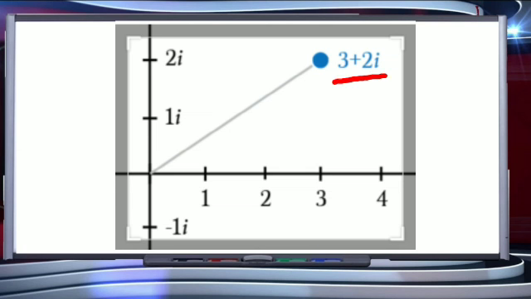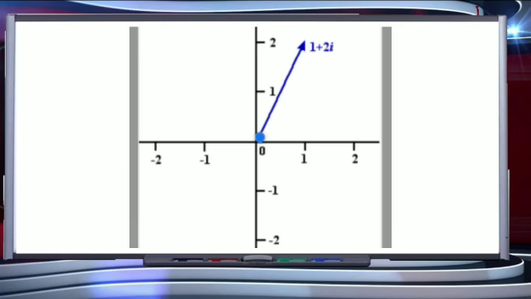Now here is an example for the same. Suppose our complex number is 3 plus 2 iota, where 3 is the real part and 2 is the imaginary part. So this implies 3 will be plotted against the x-axis and 2 will be plotted on the y-axis. So our point (3, 2) will lie in the first quadrant with x value 3 and y value 2.